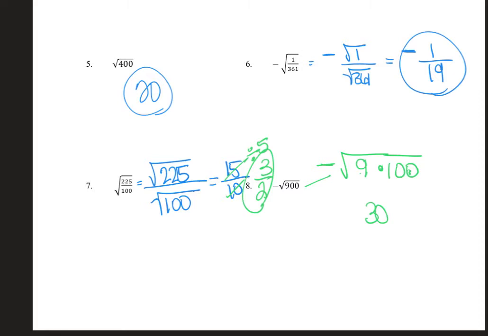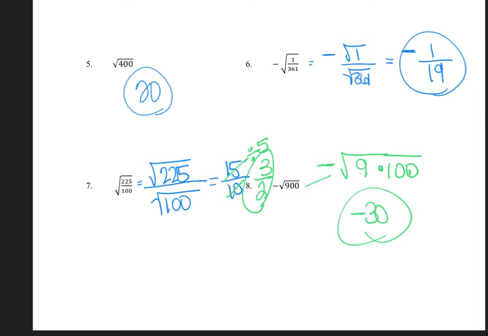And again, if you were looking at that bigger multiplication chart, which might be helpful for this, it's going to be on there. So the square root of 900 is 30, but we want the opposite of that, which gives us negative 30.